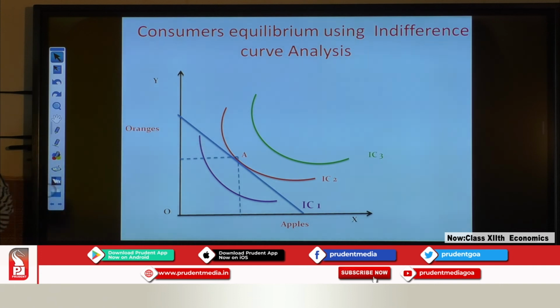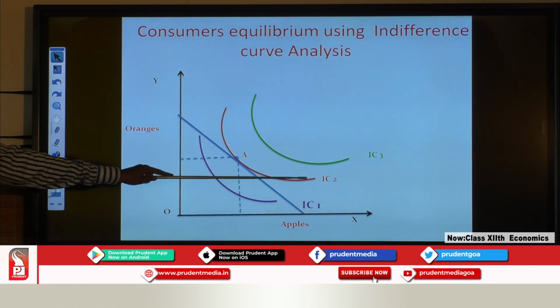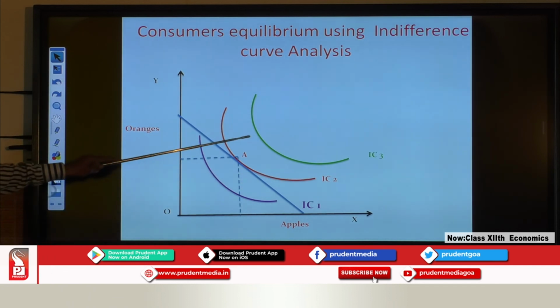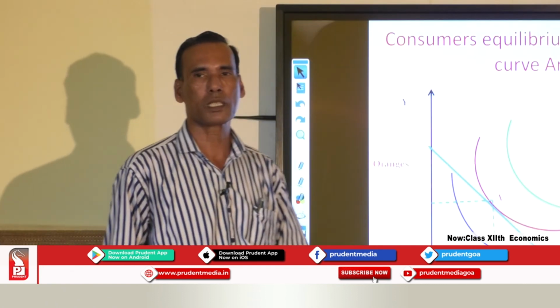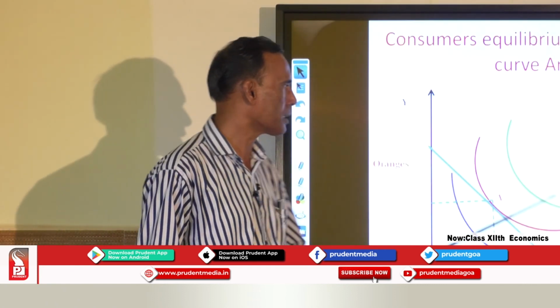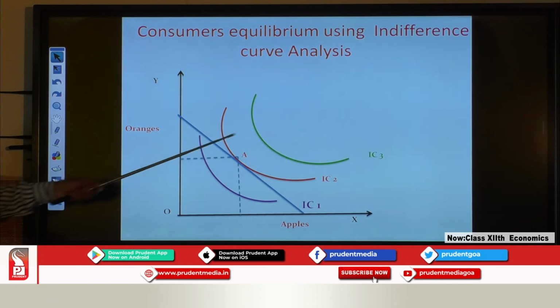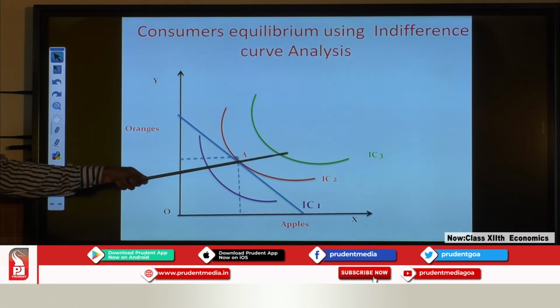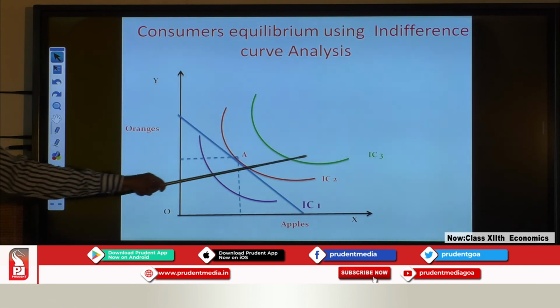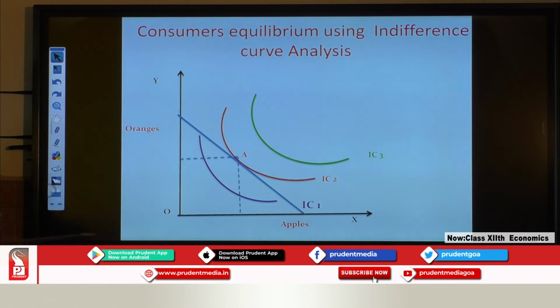Because the budget constraint is lying here. The budget line is here and it is tangent with indifference curve 2. Here the consumer is not in a position to buy these combinations. No doubt it gives high satisfaction to the consumer. These combinations are not possible or non-attainable to the consumer.